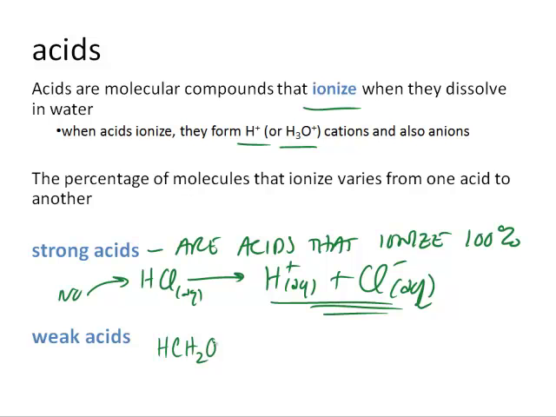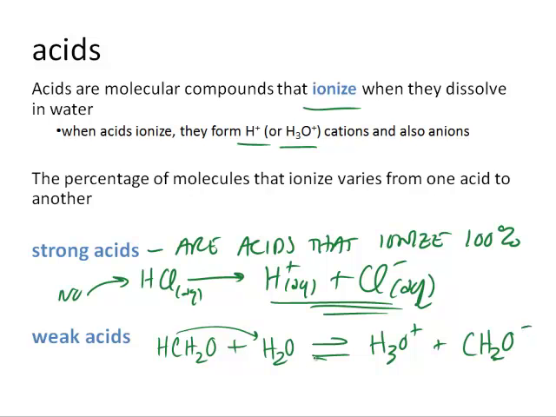Weak acids, let's take a look at, say, formic acid, HCH2O. If we look at it from the Bronsted-Lowry definition, we'll say that it donates a proton to the water molecule, of course making the hydronium ion, and the formate polyatomic ion, CH2O minus.